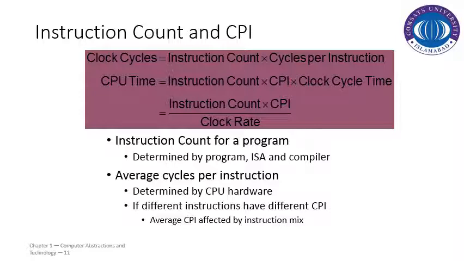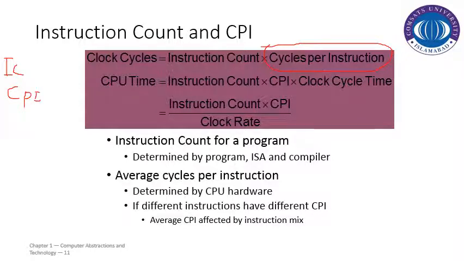The first factor is the instruction count, in short form IC, that is the total number of instructions that a program has. The second is cycles per instruction, in short form CPI, that is the average number of cycles that an instruction takes in order to execute.